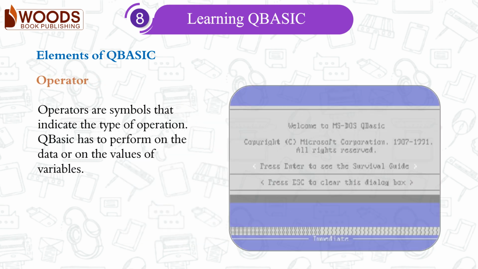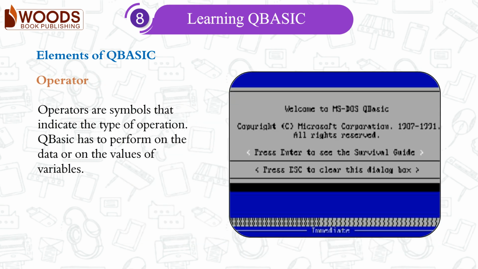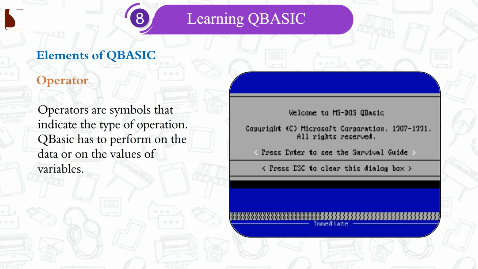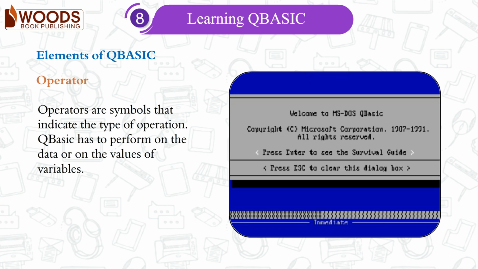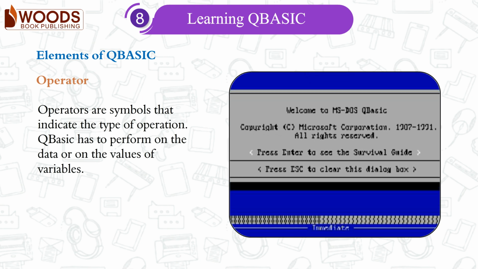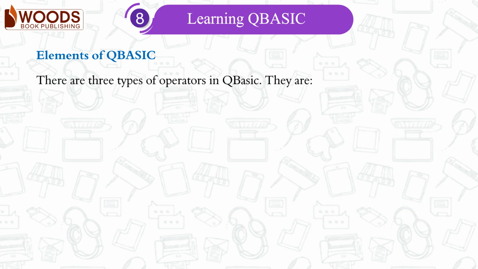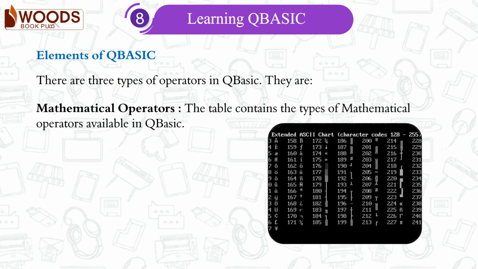Special characters. Operator. Operators are symbols that indicate the type of operation QBasic has to perform on the data or on the values of variables. There are three types of operators in QBasic. They are mathematical operators.